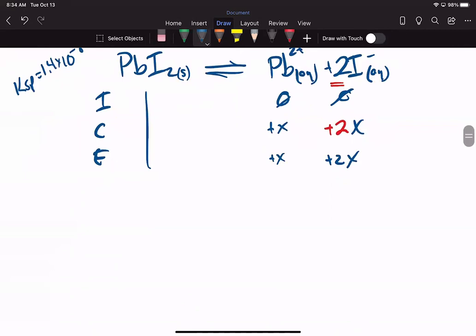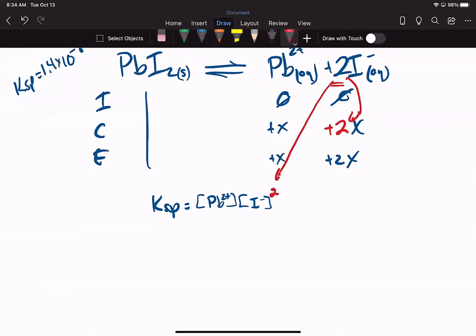But again, when we do our KSP, we need to be just a little bit cautious here. So it's the concentration of lead and the concentration of iodide squared, right? So here we need to recall that we put 2 in here, but we also need to remember that we have that 2 down here when we do this.